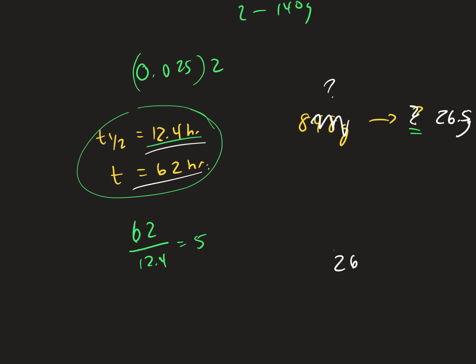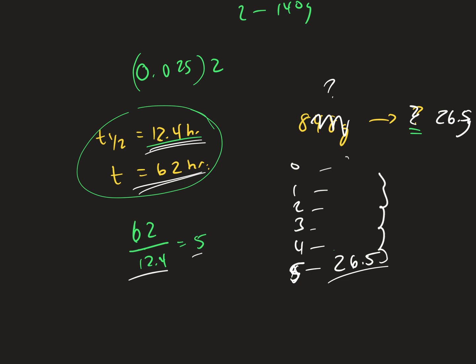I start with 26.5. That's my last half-life, and I'm not sure how many. Can I figure that out? It's right here, right? 62 divided by 12.4, that's 5 half-lives. After 5 half-lives, I have 26.5. 5, 4, 3, 2, 1, and we do what? Multiply by 2 each time until we get 848. You follow?